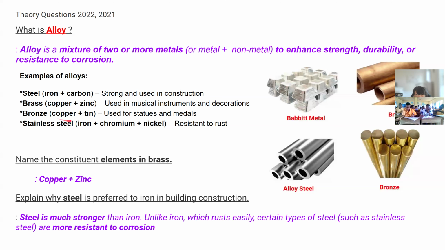Bronze is a combination of copper and tin, used for statues and medals. Stainless steel is a combination of iron, chromium, and nickel, which is very resistant. People often say their steel is stainless steel, meaning that this steel is very resistant to rust.